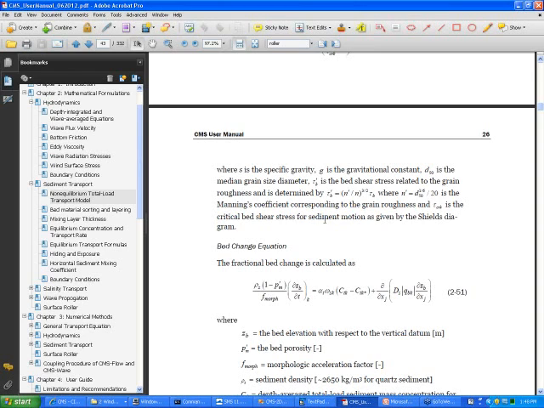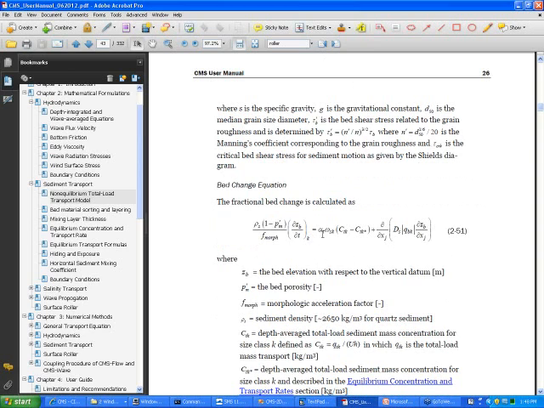So the transport equation moves the sediment by advection and diffusion. The equation that calculates the bed change is given by equation 2.5-51, and it has basically the same source term as the transport equation, plus another term that accounts for the effect of the bed slope on the bed load.